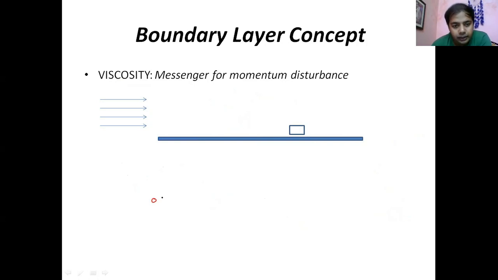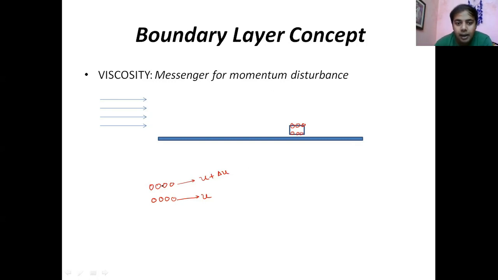Let's take one box here. Whatever molecules are there, they have some velocity. And the upper layer molecules have some more velocity.